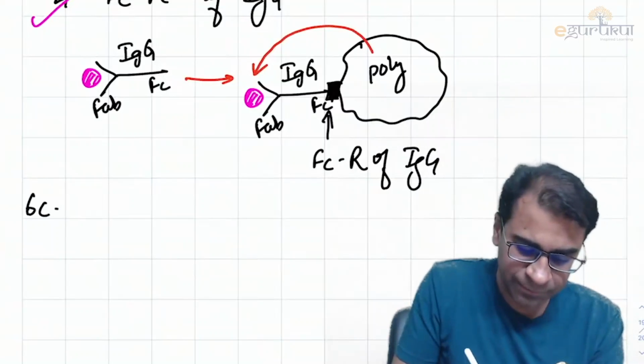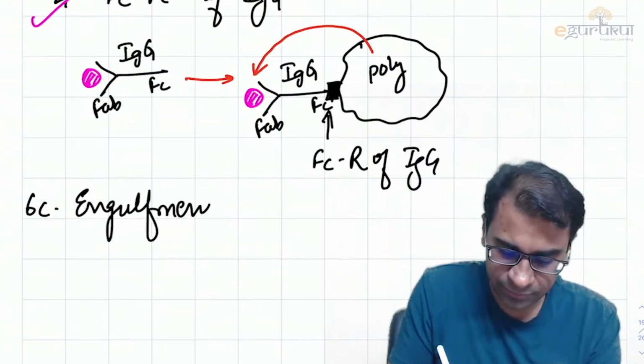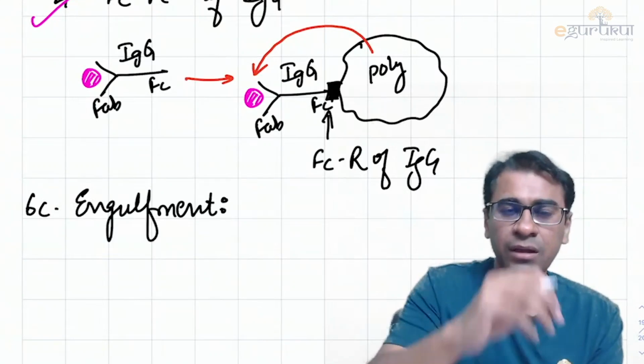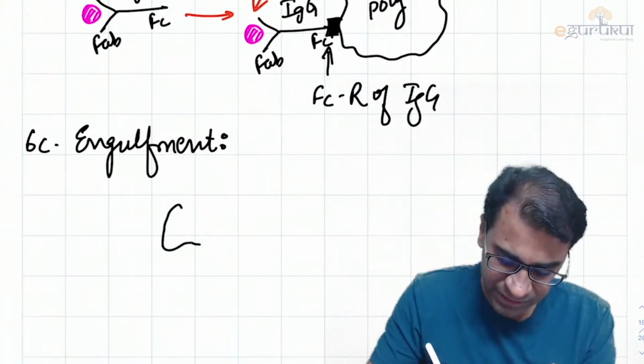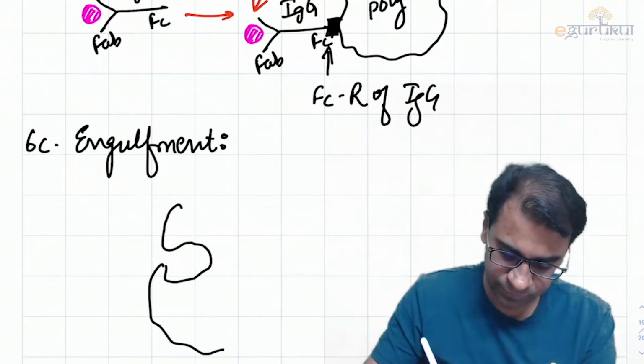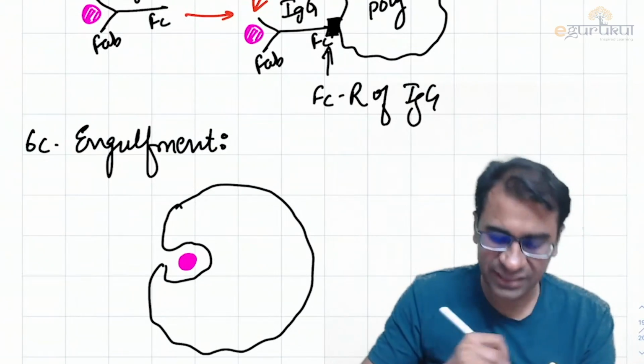Okay. The next step is called as engulfment. Achha, what happens here is the polymorph makes a pit, in which the opsonized antigen moves inside.